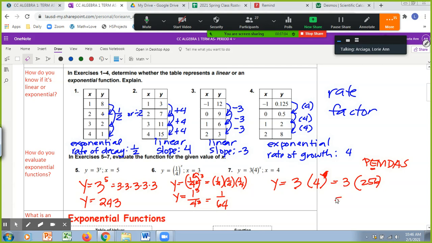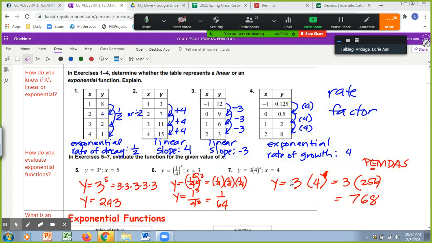So what would that be? 256 times 3 will be, in the chat pod? 768. Very good. So 768. You would get a different answer if you multiply these two first. That would be wrong.